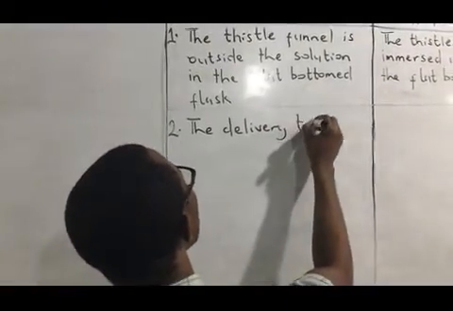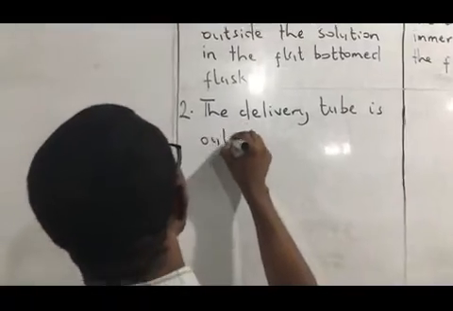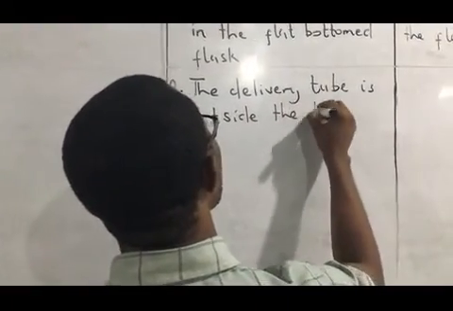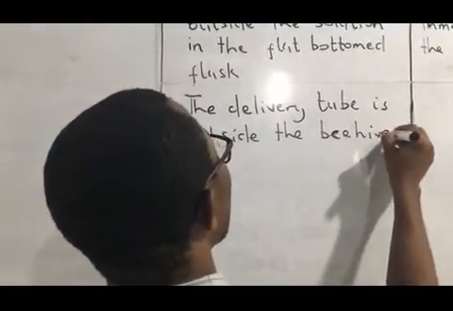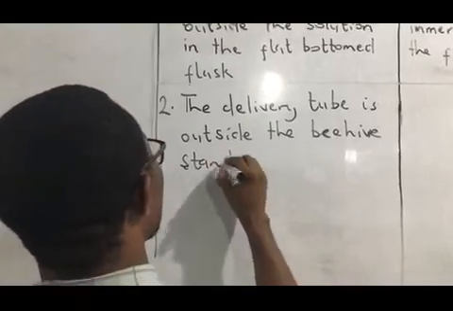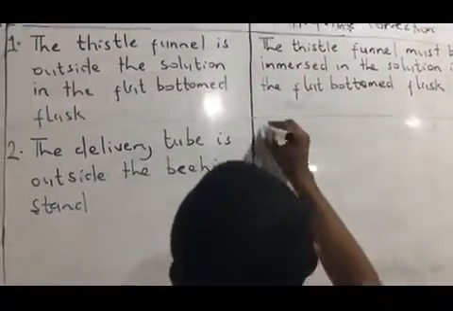So the delivery tube is outside the beehive stand. The correction, it should be inserted into the beehive stand.